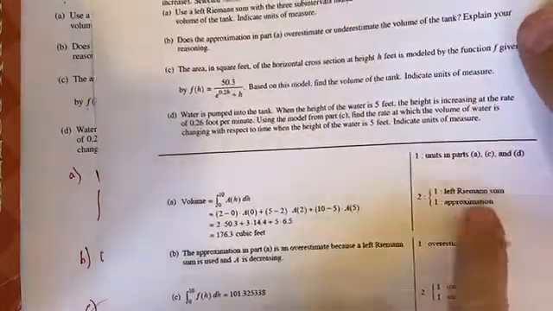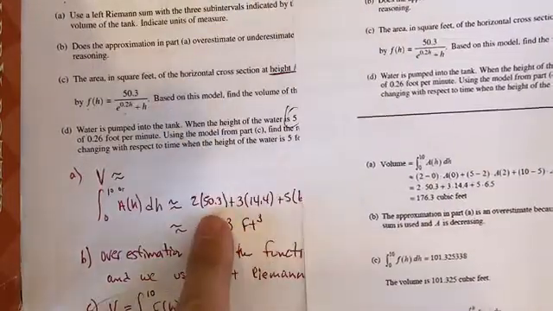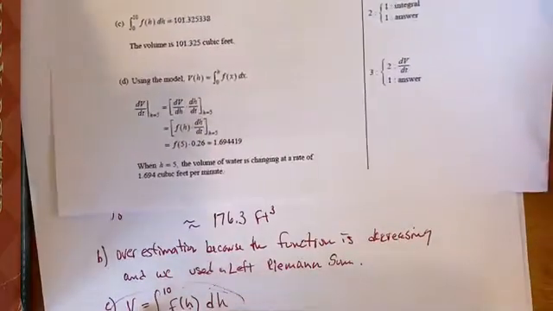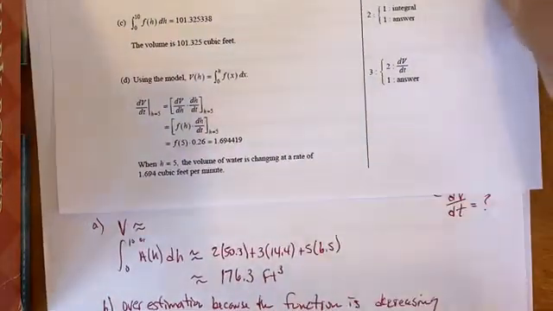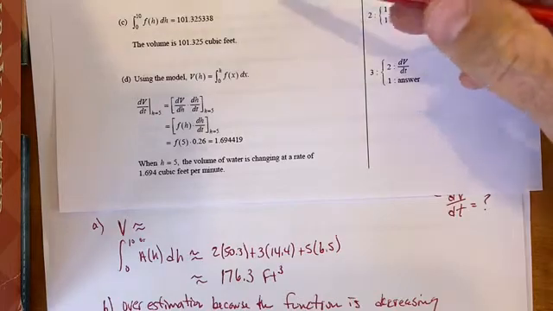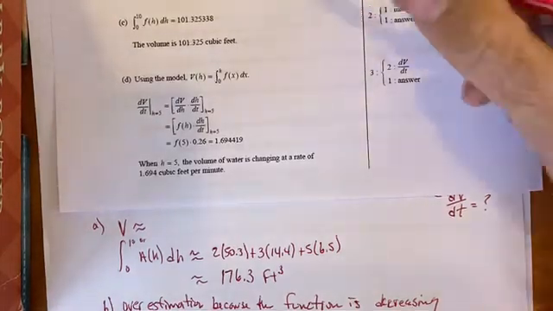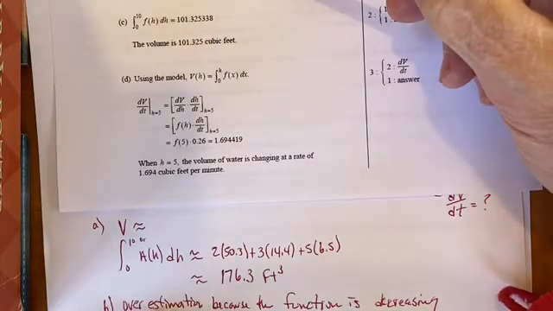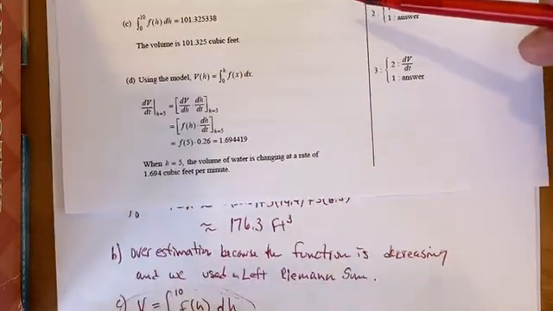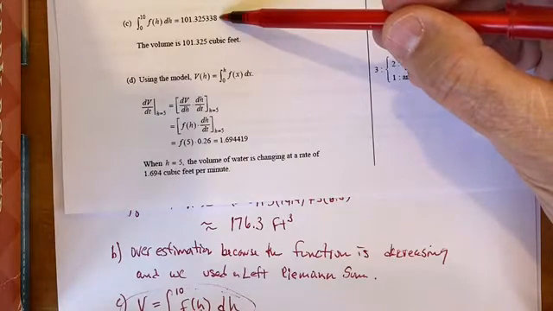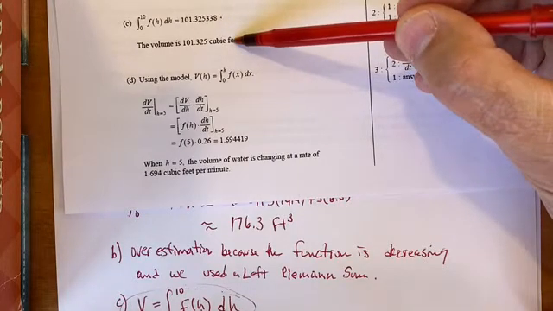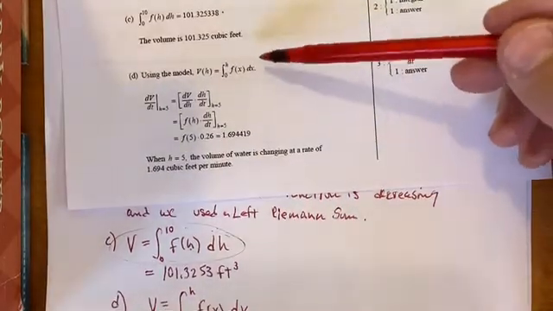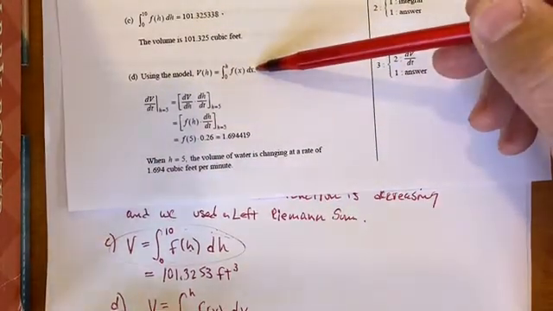Second one is left Riemann sum and approximation. So I think we did that fine. Third part is an overestimation or under. A left Riemann sum that's decreasing is an overestimation. So that's good. The next one, we just had to integrate f of h dh and got 101. And that's correct. And the last one, oh, I didn't quite do it the way they did. There's the model, right?